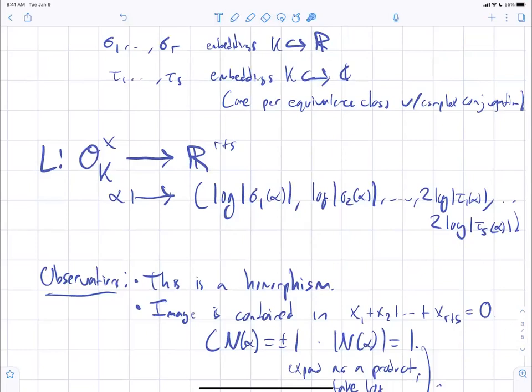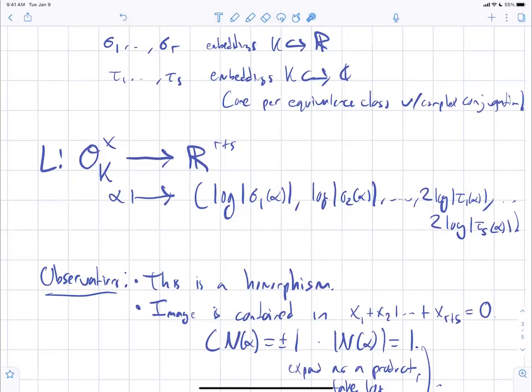And we already saw that OK is a lattice inside of the corresponding embeddings where we don't have absolute values and we don't take logs. So that gave us an embedding of OK as a lattice in R to the R times C to the S. Okay, so if you fiddle around with that, then you see that because OK was a lattice inside of R to the R times C to the S, that bounded subset is going to translate back to a bounded subset in OK that only has finitely many things.